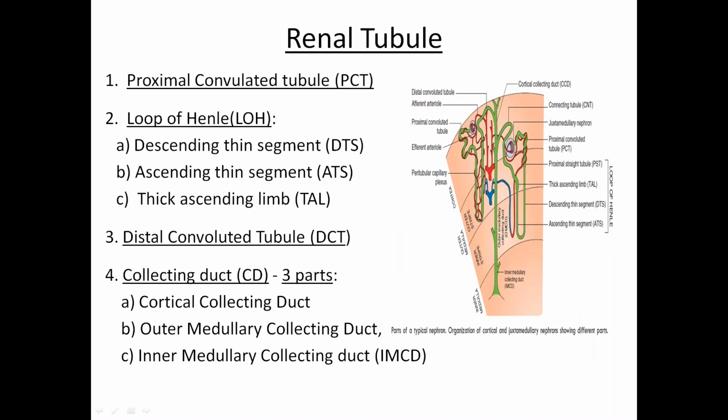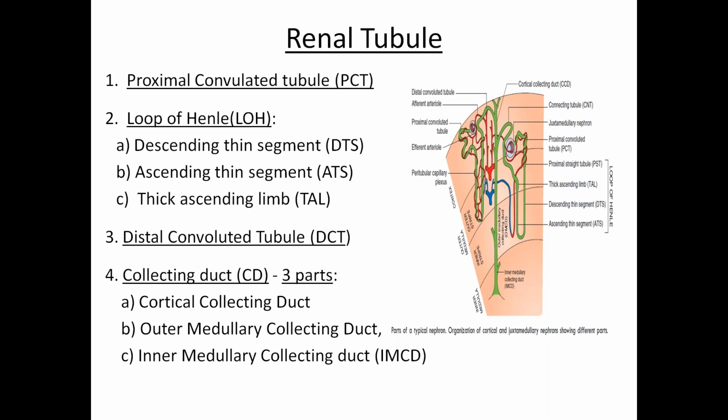Then let's talk about the renal tubule. It's a long, complicated tubule with four main parts. First is your proximal convoluted tubule, or the PCT. Here you can see the PCT. It initially forms several coils.